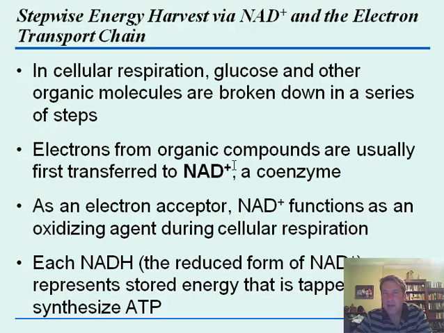But when it picks up a hydrogen, it's NADH, and it carries this hydrogen to another part of the mitochondria where it's going to be utilized in a step of cellular respiration. So it's very important to know these electron carriers.